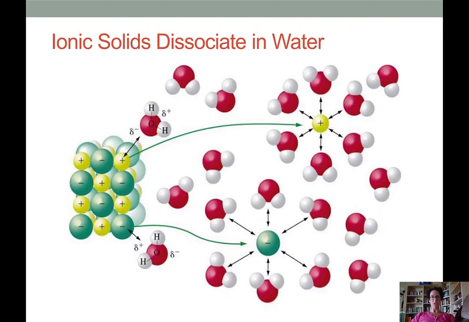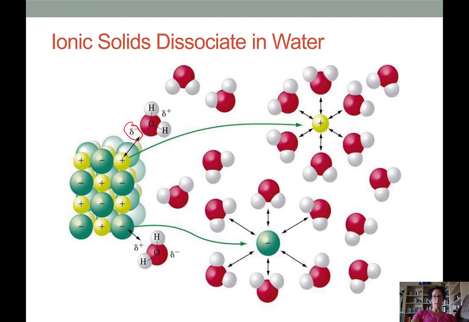Here we see an illustration of what happens when polar water molecules encounter an ionic solid. You can see here that the slight negative charge on this water molecule is being attracted to the positive charge on the ionic solid. Now, normally we would say that that positive charge is already being balanced out by its surrounding anions.